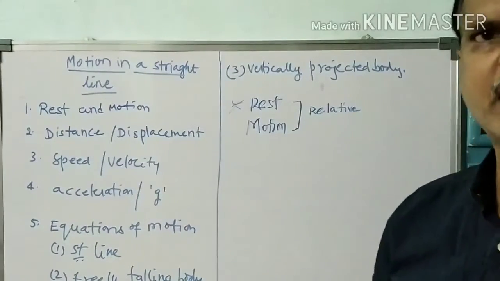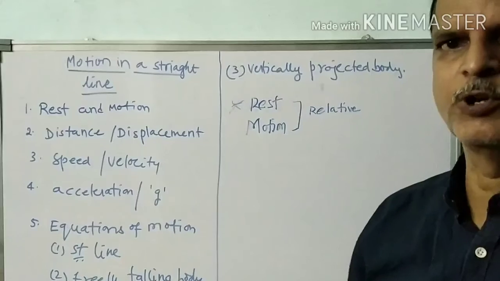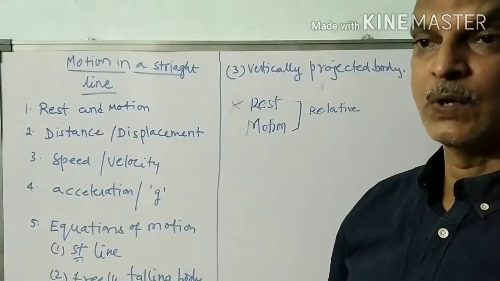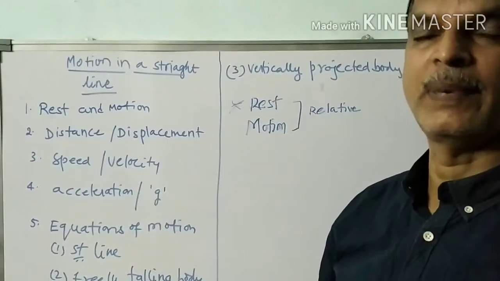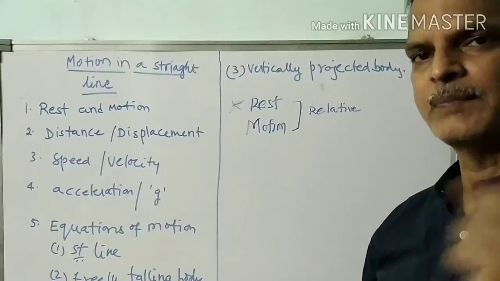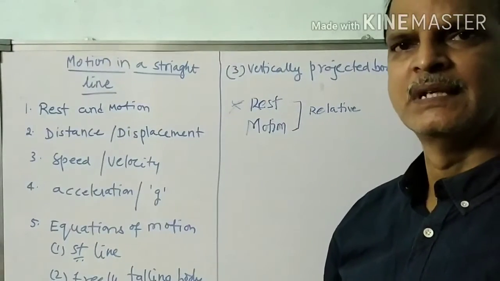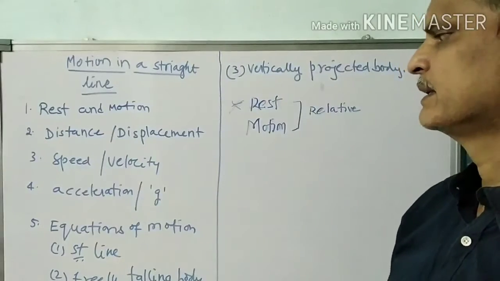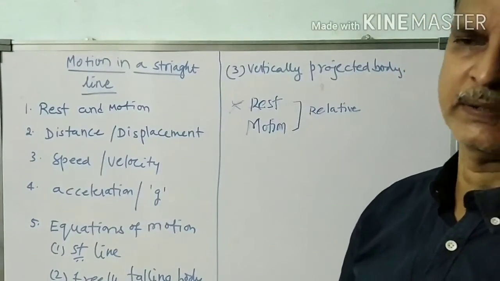We have a best example: when you are going in a train, we are at rest sitting in the compartment, but for a person observing from the outside, we are in motion. Therefore, rest and motion are relative to each other.